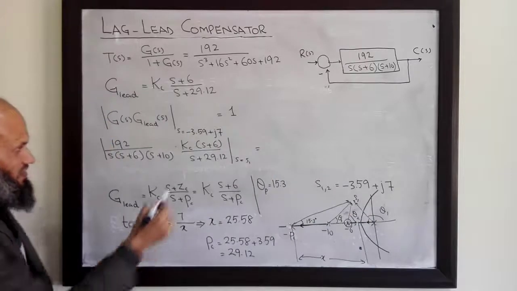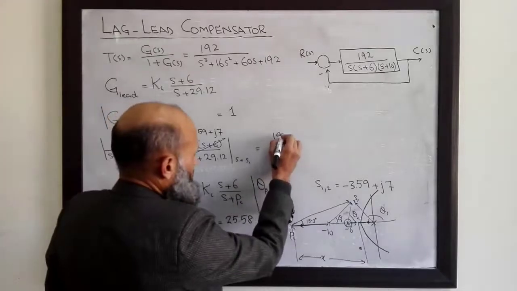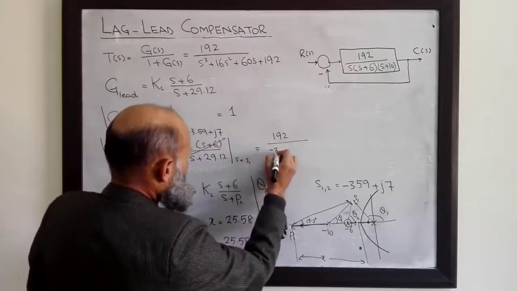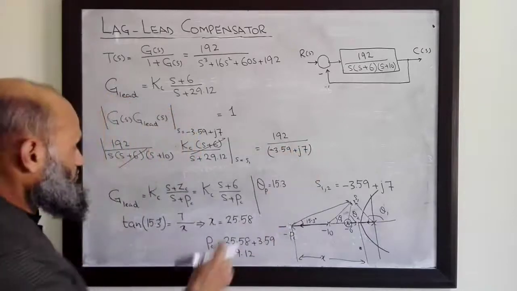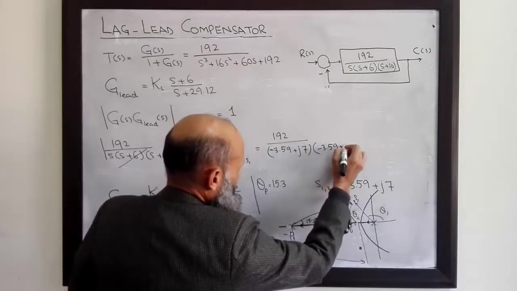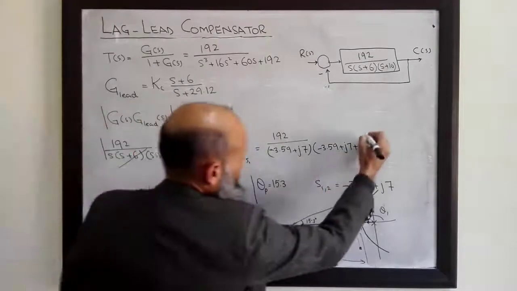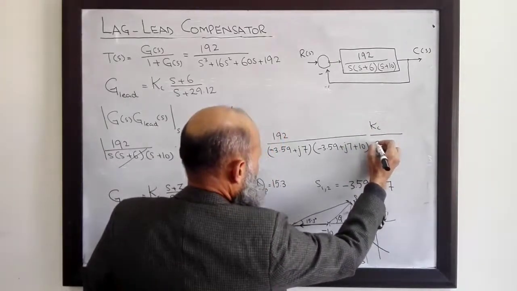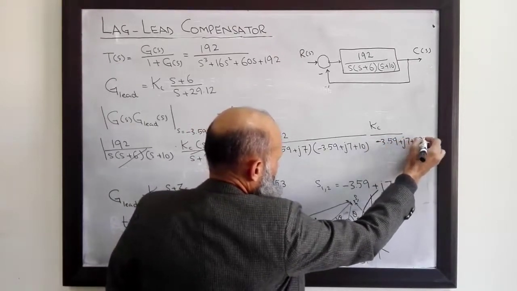The s plus 6 cancels out with this s plus 6, so 192 divided by, substitute this s1 over here, minus 3.59 plus j7, and s plus 10, minus 3.59 plus j7 plus 10, and then this multiplied by Kc over minus 3.59 plus j7 plus 29.1.